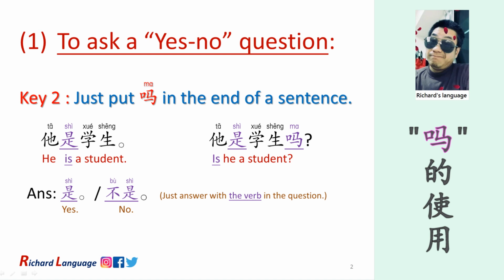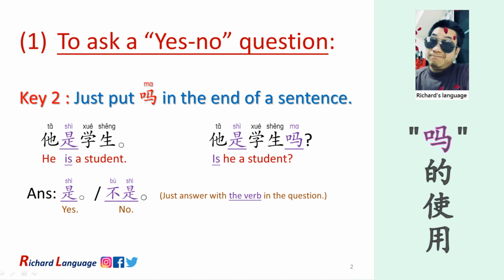But in Chinese, it is very easy. We don't change any sequence of the word. We just put the word ma in the end of this sentence. And then this sentence becomes a yes-no question. Okay, then how do we answer this kind of yes-no question in Chinese?